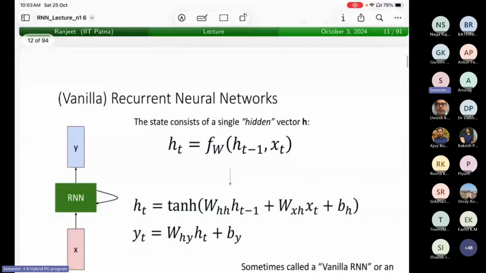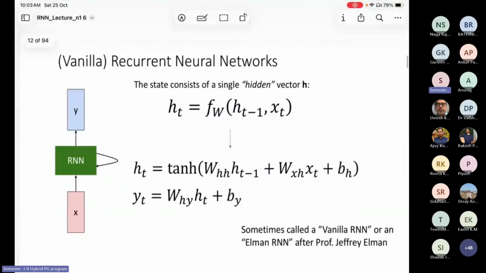Now let's see the formula. What is inside the FW? This is also called vanilla RNN, or Elman RNN, because it was given by Professor Jeffrey Elman.